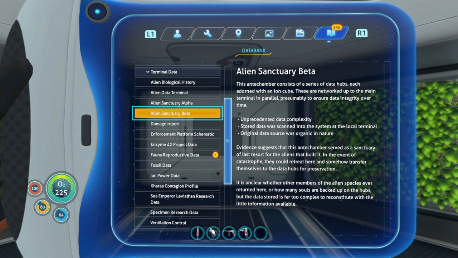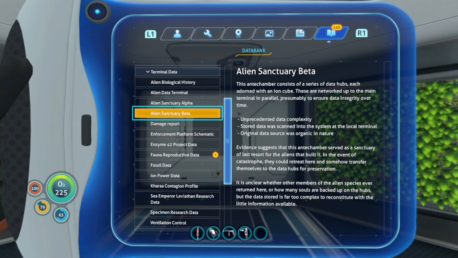Evidence suggests that this Antec chamber served as a sanctuary of last resort for the aliens that built it. In the event of a catastrophe, they would retreat here and somehow transfer themselves to the data hubs for preservation.